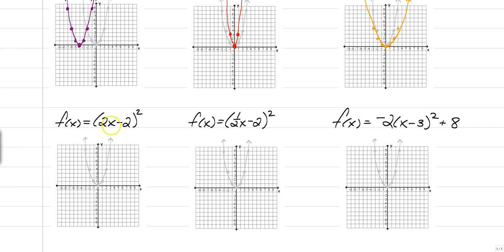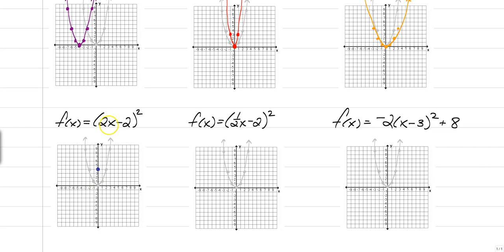So if we say that x is 0, now you're going to think about this in terms of shifting 2 to the right. Watch what happens. If we put a 0 in here, that's 0 times 2, minus 2, which gives you a negative 2, squared is 4. Okay, so if you plug a 0 in here, you're going to get 4.